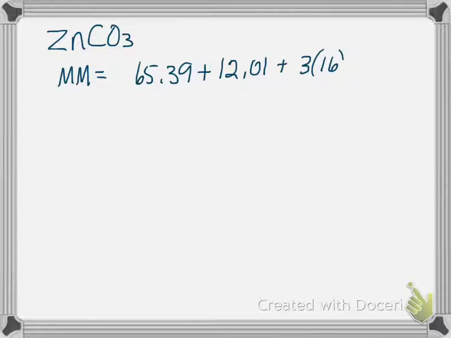So we'll add 3 times 16. So our molar mass is 125.40. Does anyone have a calculator handy so y'all can check my math? Make sure I'm doing it correctly. Okay, that's grams per mole.